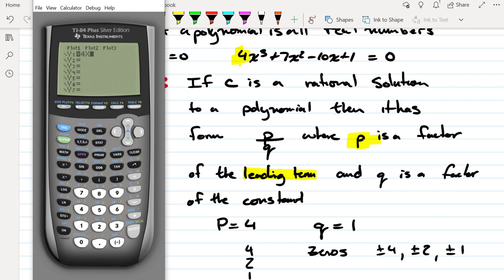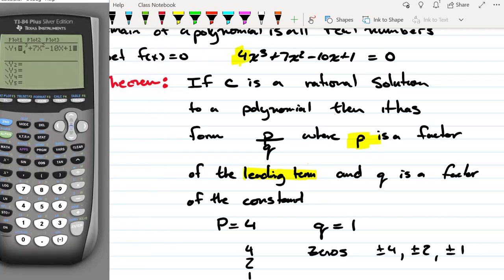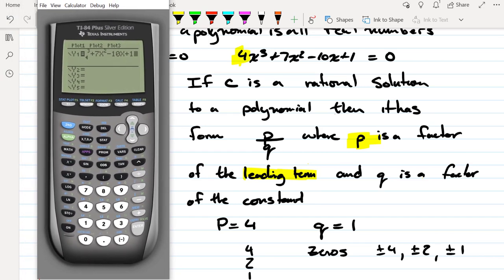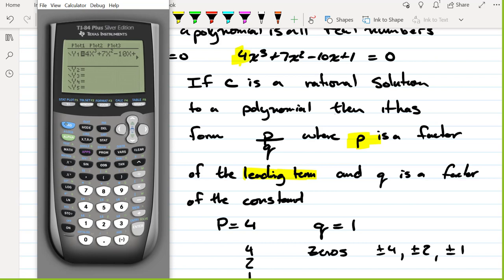There we go, 4x cubed plus 7x squared minus 10x plus 1. If we just make our table, all I wanted to do was show that if you look at 1 and negative 1, they're not 0.